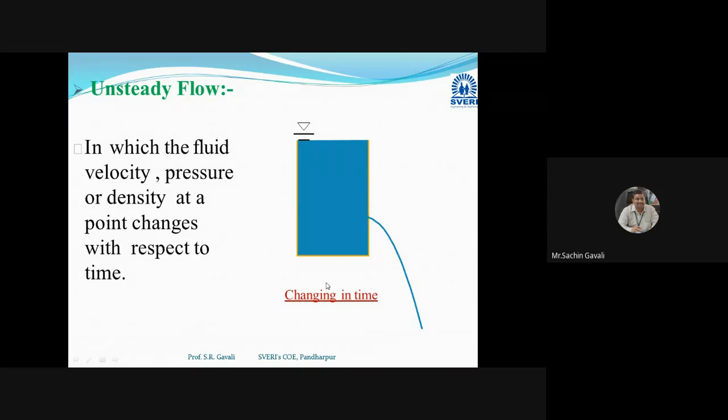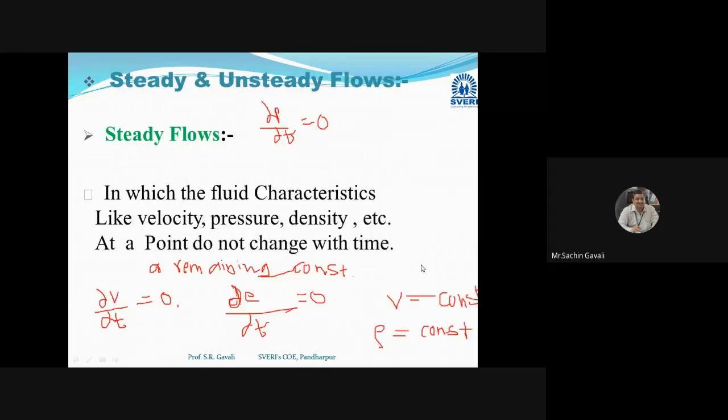Now, first of all, an example of steady flow. Let us consider one tank, and in this tank we are storing water.